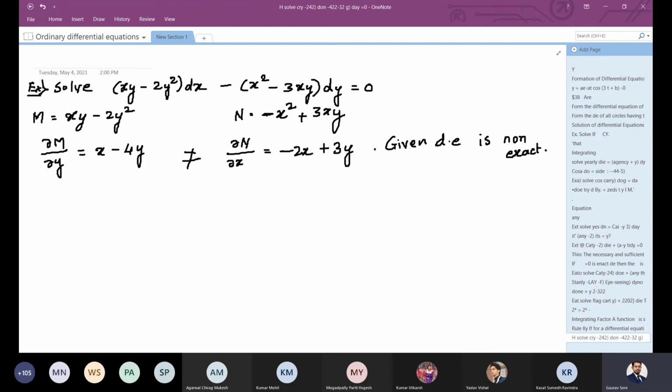Which rule will be applicable here? M and N both have the same degree. So note that the differential equation is homogeneous.